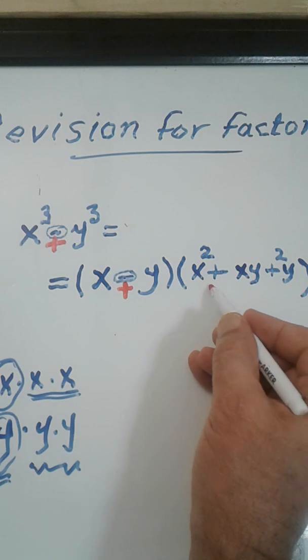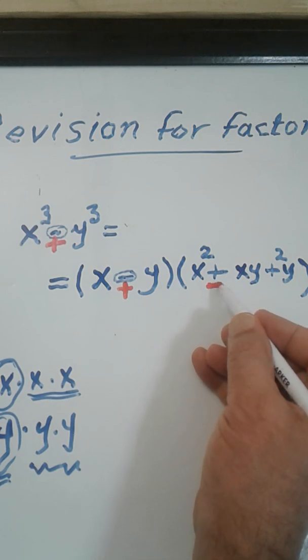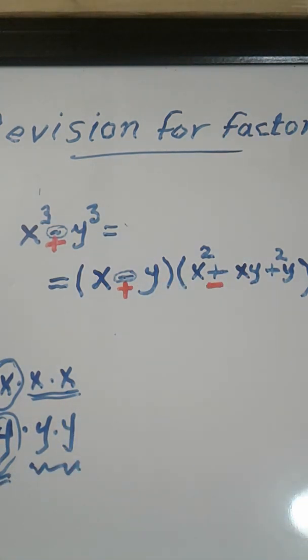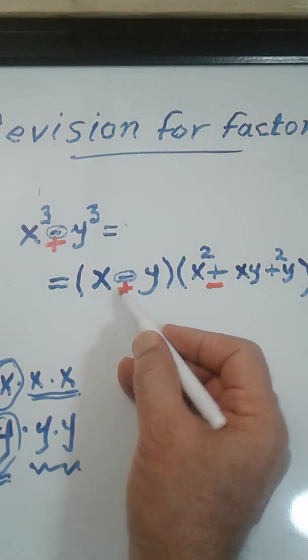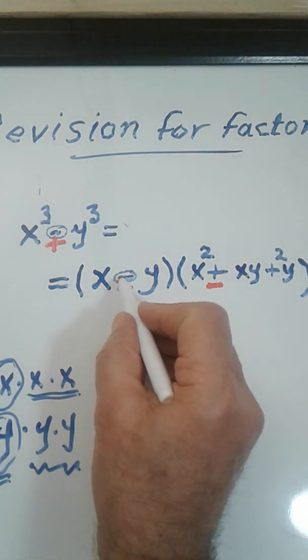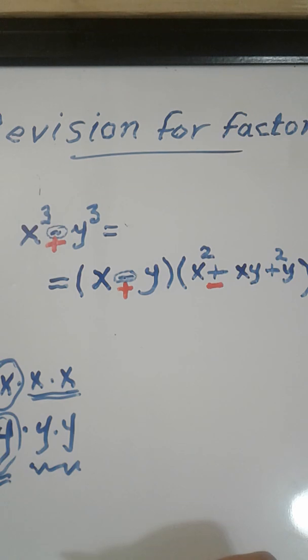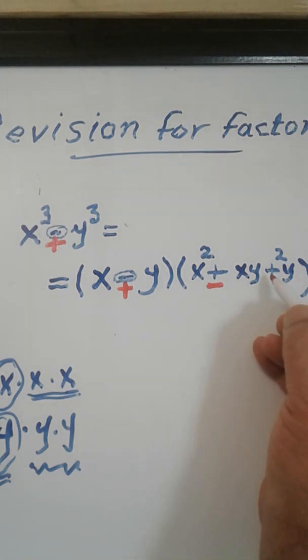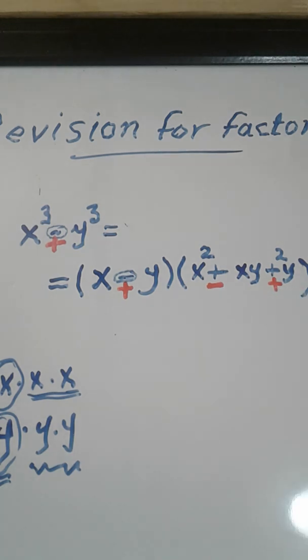And this one is the inverse of this. If here is plus, here minus. If here minus, here plus. And the other is always plus. Always plus. Okay, this is the sum of two cubes.